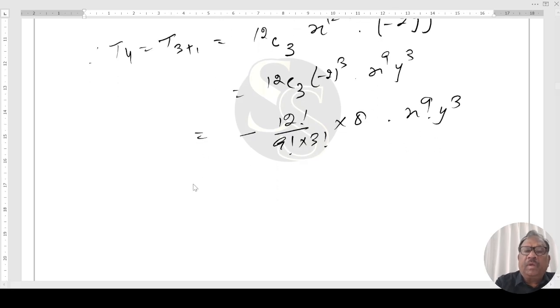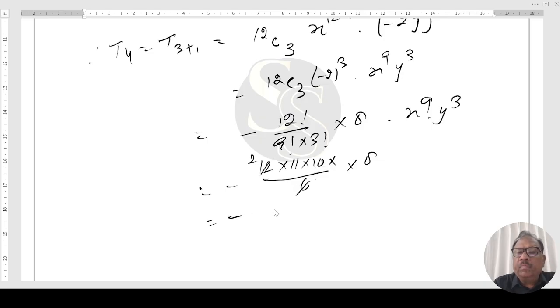If you further simplify it, the higher factorial is to be reduced into the lower one, up to 9. 12 into 11 into 10 into 9, the 9 cancels, upon 6 into 8. That comes out to be 12 into 11 into 10 into 9 upon... this is not 12.